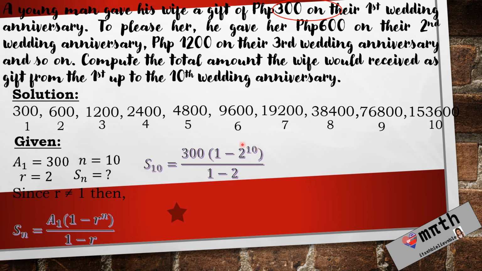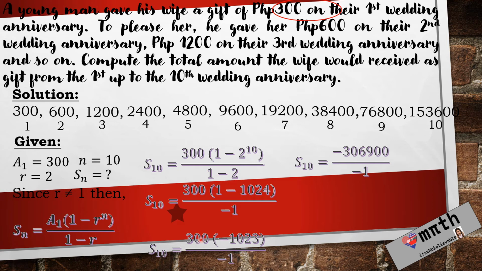From here, we're going to simplify 2 raised to 10. That would be equal to 1024. Then 1 minus 2 would be equal to negative 1. If we subtract 1 minus 1024, that would be negative 1023. Then we multiply it by 300. That would be equal to negative 306,900 all over negative 1.